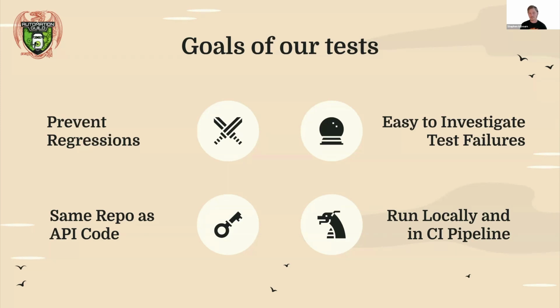And I think it's very important whenever you're writing tests to do your best to use the same repo to contain your test code as your API code. So if you're writing an Express app or Express API that's in Node, I think it's very important to try looking at ways to keep that code there.